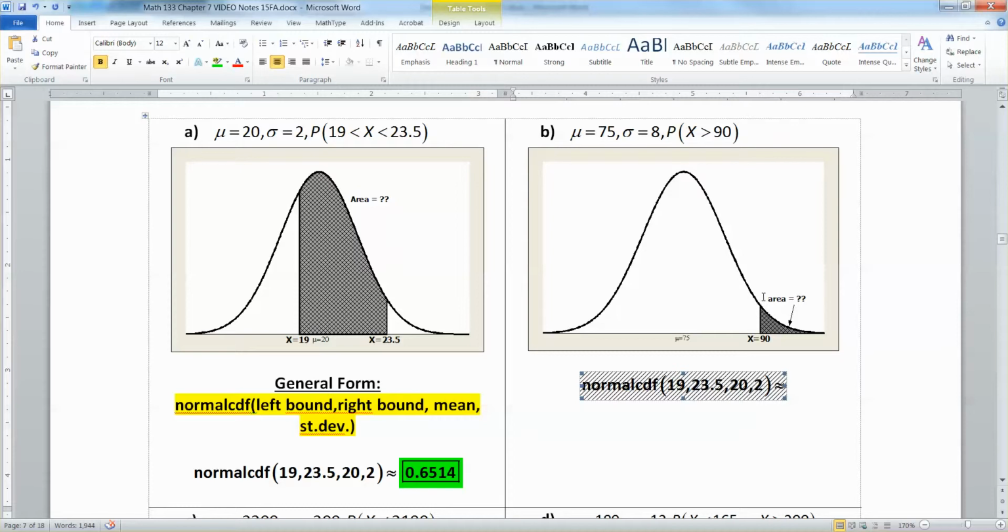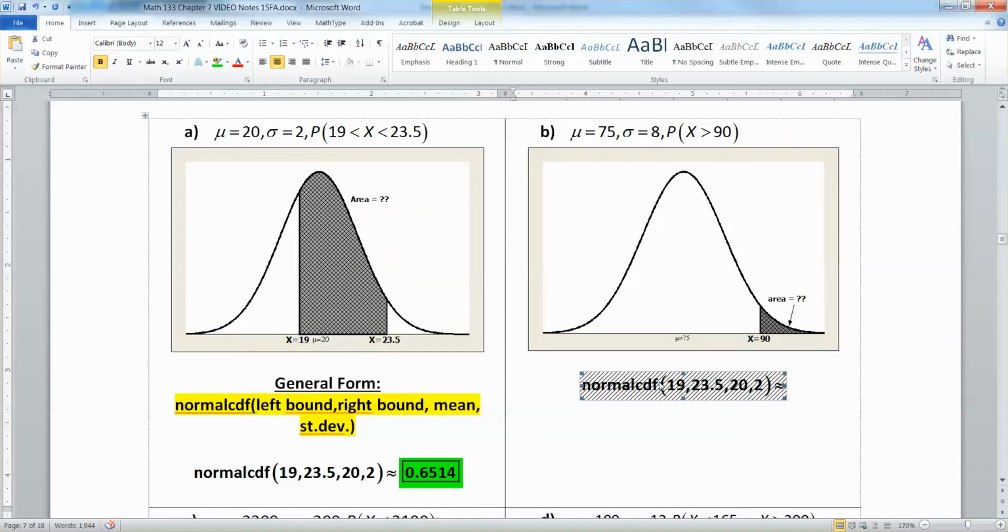One, notice that 90 is pretty far away from 75 because your standard deviation is 8. So you figure 75 plus 8 gets you 83, 83 plus 8 gets you 91. So it's right around 2 standard deviations away, just a little bit less. That's why it's out here in the tail. You wouldn't want to put 90 really close to the 75, and you don't want it to be too far away. Again, I will get on you about placement of your values. So place it appropriately, more or less.